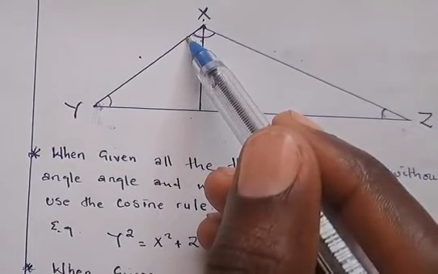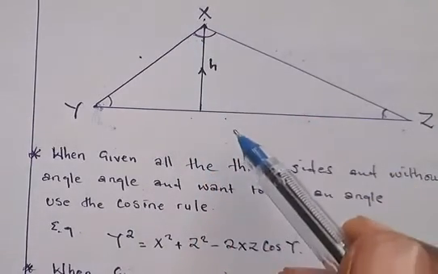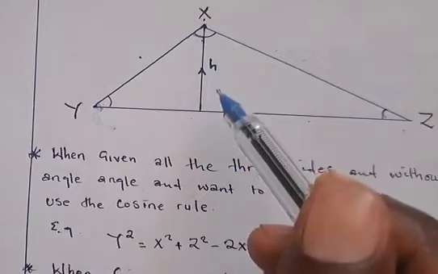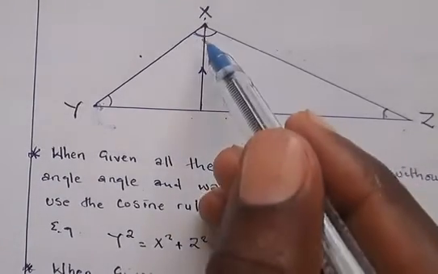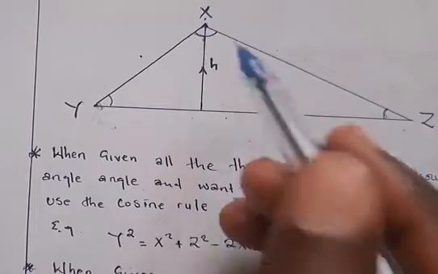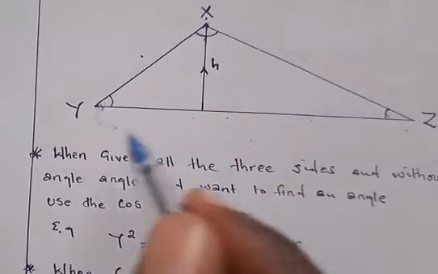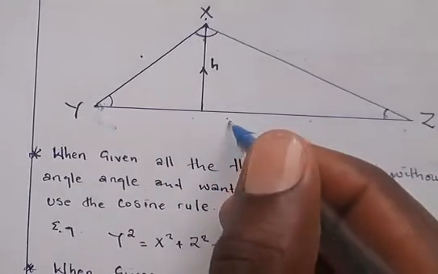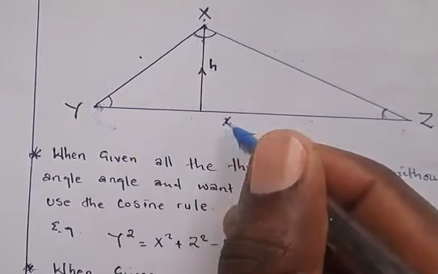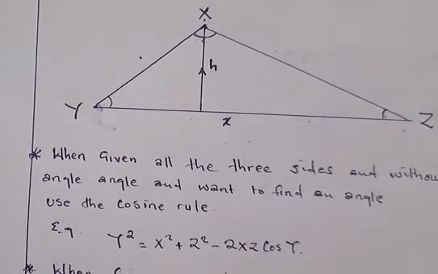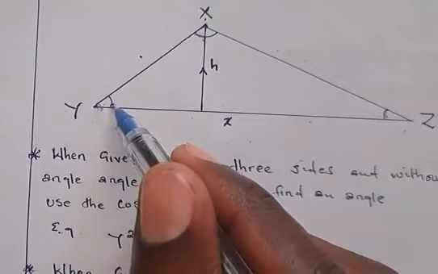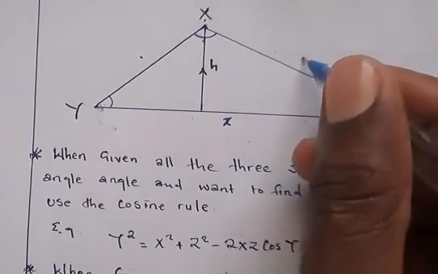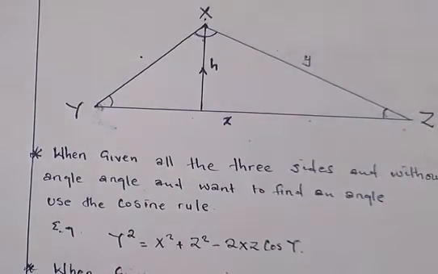So the first thing that you should do is label the opposite sides of the angles with small letters. Like this one here, the side opposite to this angle is this whole line there. So we can label this one with a small letter x. Then we look at this angle y, and the opposite side is this one, so we label it with a small letter y.